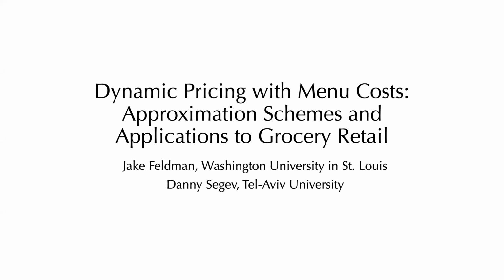So what we're going to do is look at a classical dynamic pricing setting, and inject this notion of menu costs. This idea that when you change prices, you have to pay. From a practical perspective, we'll add this new element to bring it closer to the real world and a host of applications.